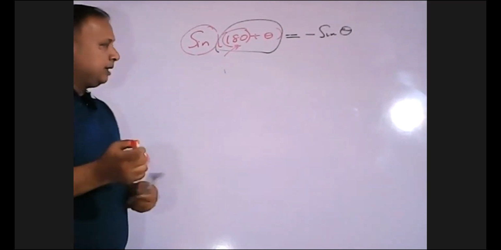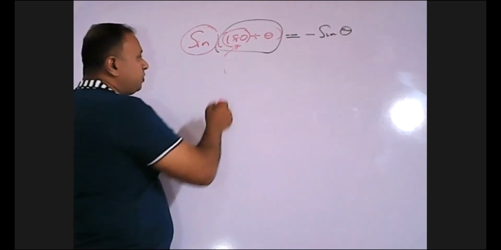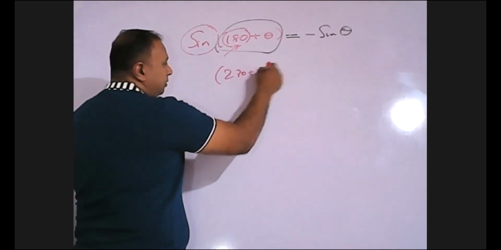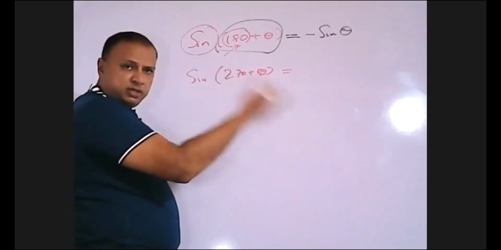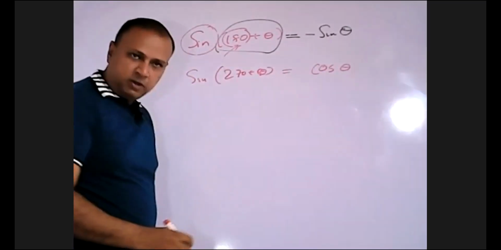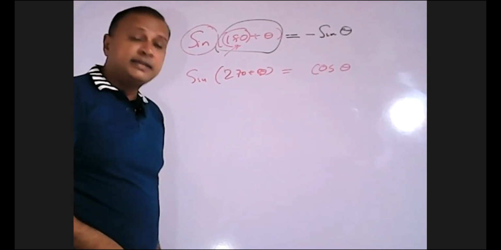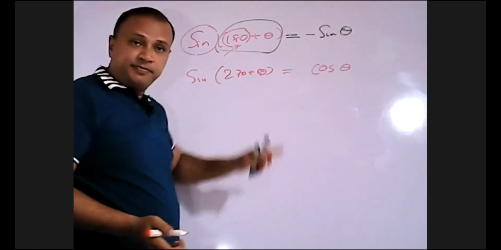If it is an odd multiplication, something like 270 plus theta, then sine becomes cos. This is equal to cos theta. Then you should determine the sign, the positiveness or negativeness of this value.